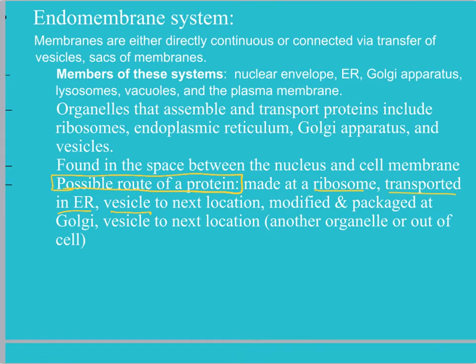The vesicle then usually takes it to the Golgi. The Golgi will modify it and then repackage it into a new vesicle. And then that new vesicle takes it to another location. Sometimes that location might be out of the cell, if it is waste or if the cell does not need it.